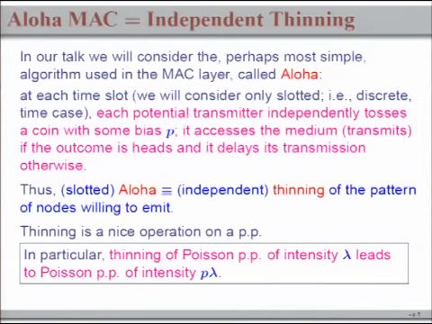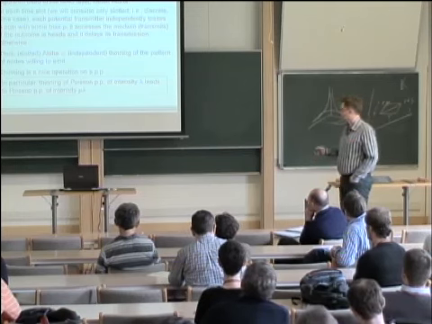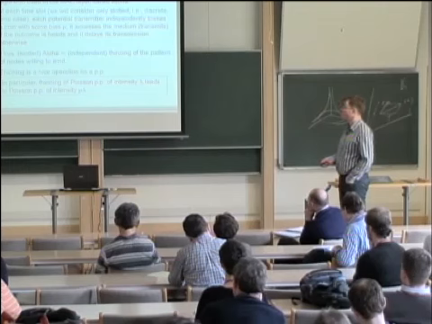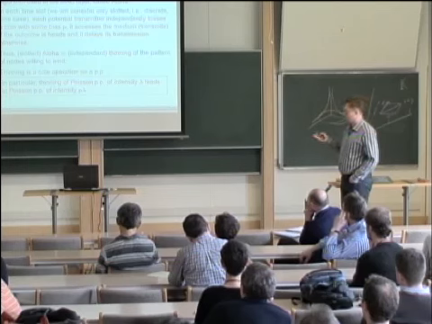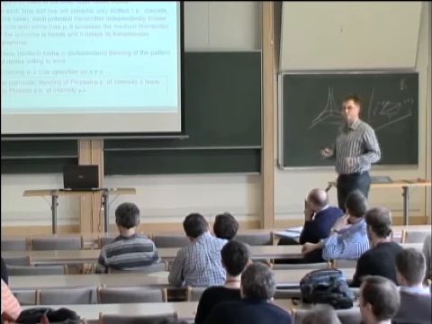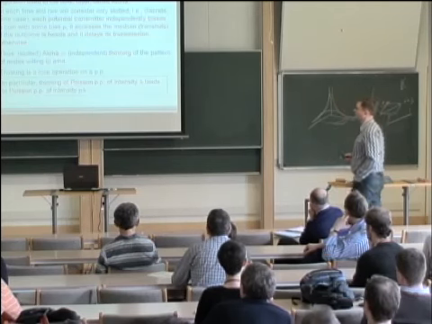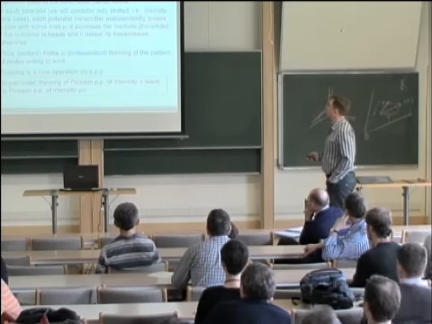The reason for this is that thinning of a Poisson point process is known to reproduce a Poisson point process with intensity just rescaled by the thinning retention probability, this probability that a given node is accepted for transmission. So Poisson plus this Aloha MAC thinning gives some hope for the possibility of analytical treatment of what's going on in the network.